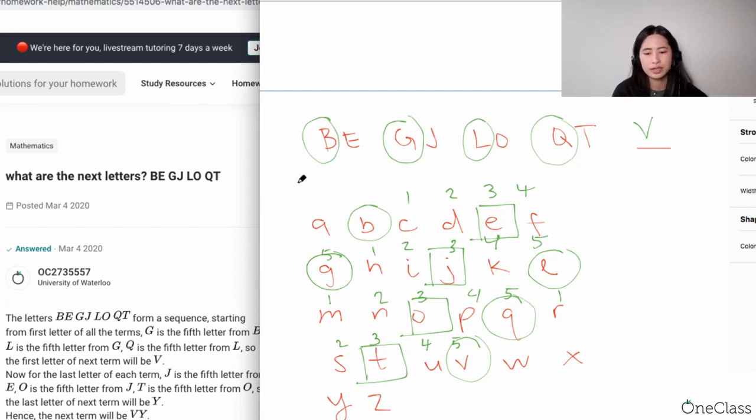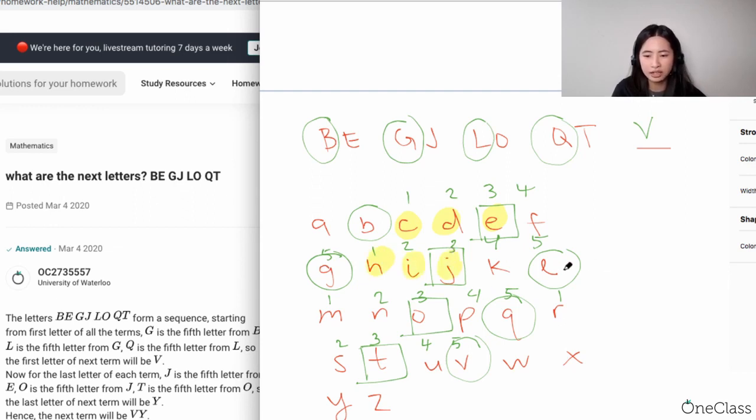In order to find the next letter after B, after G, after L, and after Q, if you count from B, it's the third letter. 1, 2, 3. After G, it's the third letter after G, 1, 2, 3.